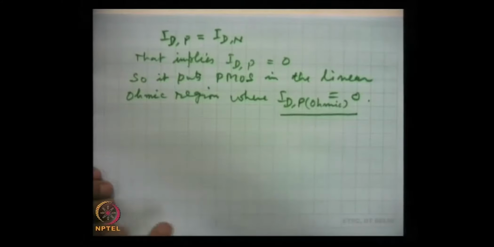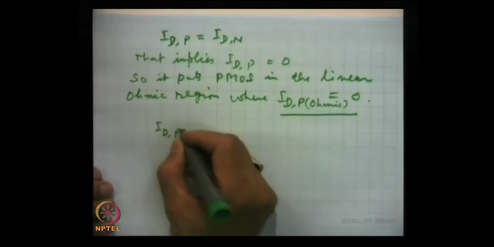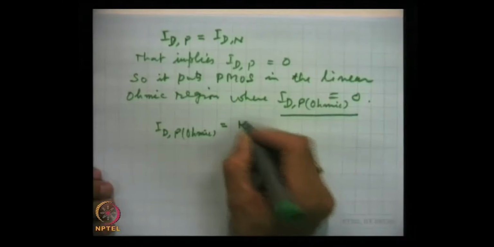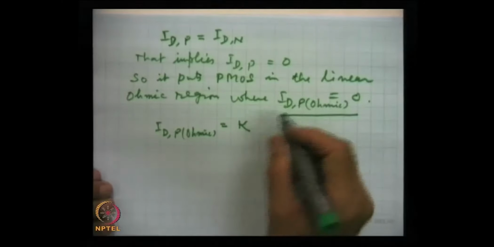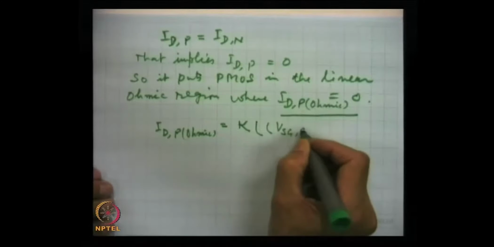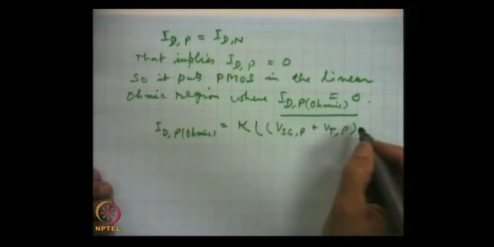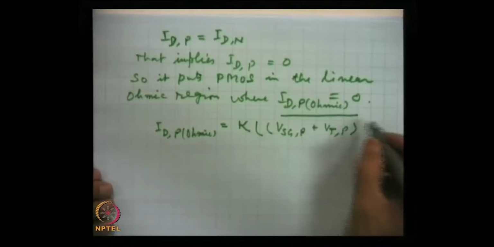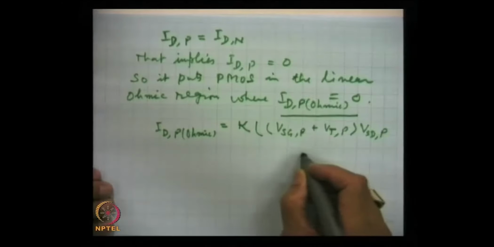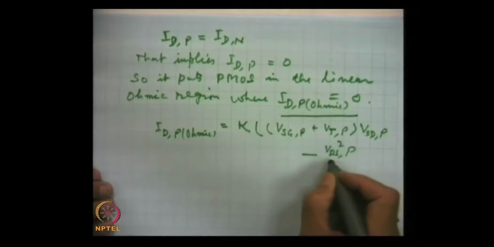So, that we use here. IDP ohmic is equal to K, the conductivity constant, times (VSGP plus VTP). Here the proper sign of VT has been used. Then VSDP minus VSDP square by 2.